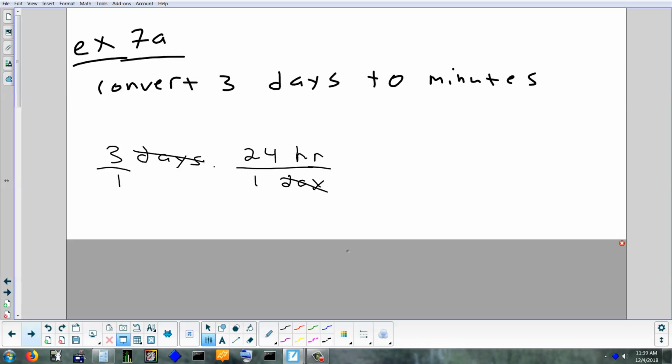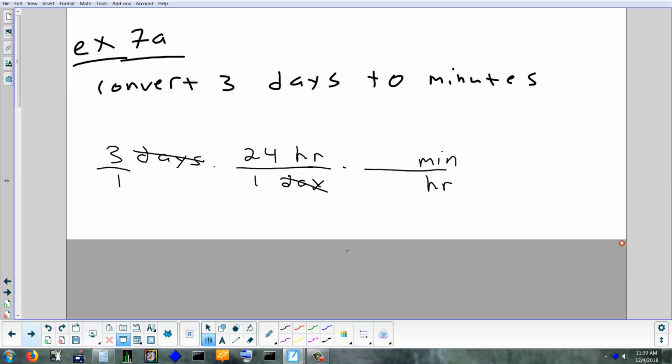Now if we multiplied it out, we would have hours. What's the next unit down from an hour? Minute. So we have to figure out where hours and minutes go. Should we put hours in the top or the bottom? Bottom. Hours in the bottom, minutes in the top.